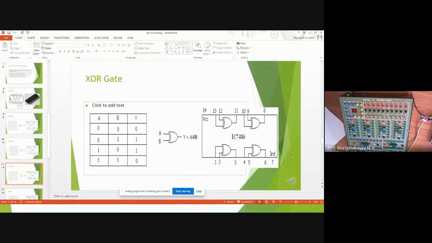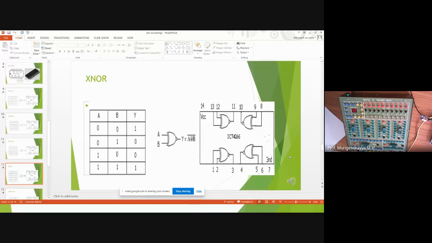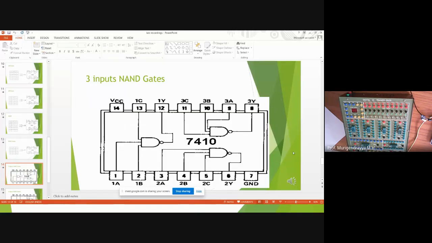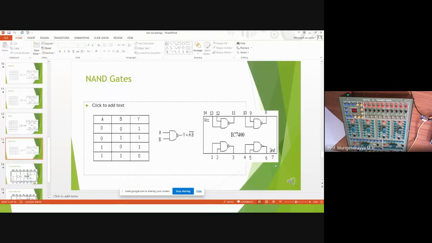Okay. 7486 is the IC for XOR logic, and XNOR is 74266, and for the NAND gate, 7400. And 7400 is a 2-input NAND gate IC.